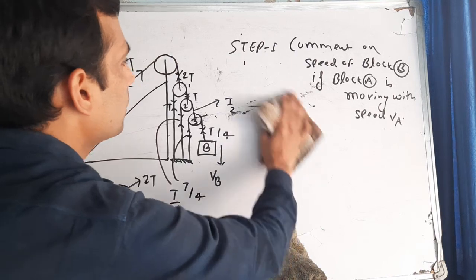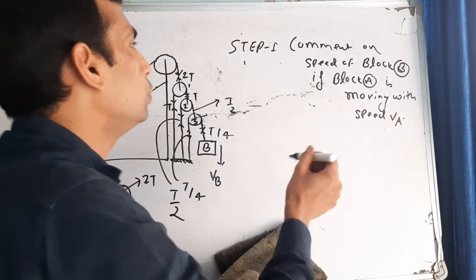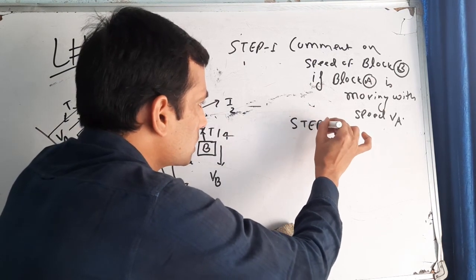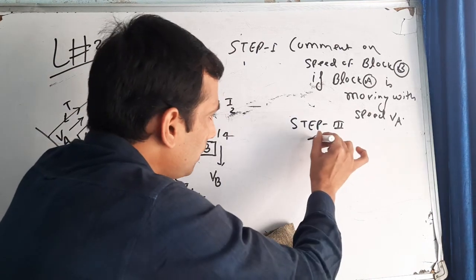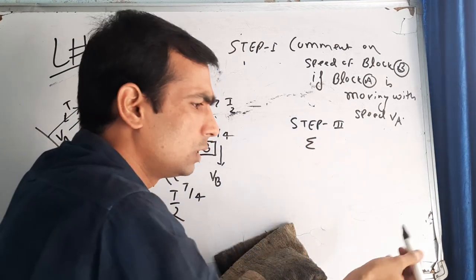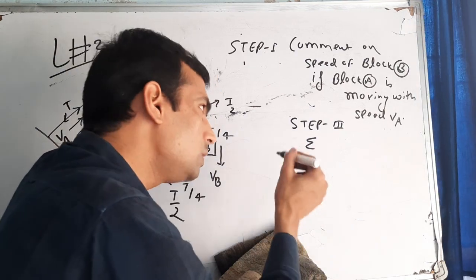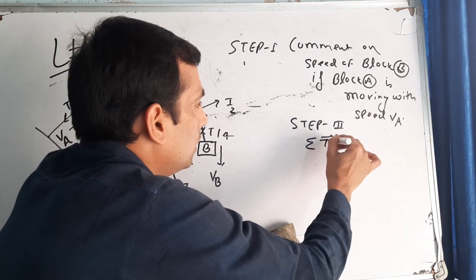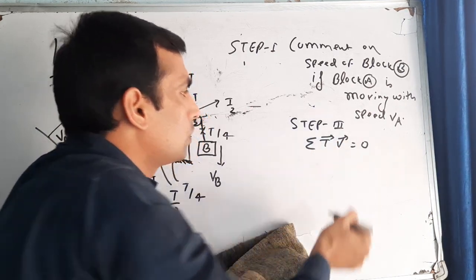So what is step number 3? Similarly, using the result for step number 3, that is summation. Earlier I have done a lot of questions with the summation of T dot a. Similarly you can apply the same formula, T dot v, which equals 0.